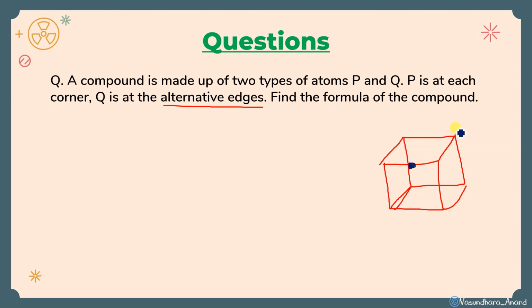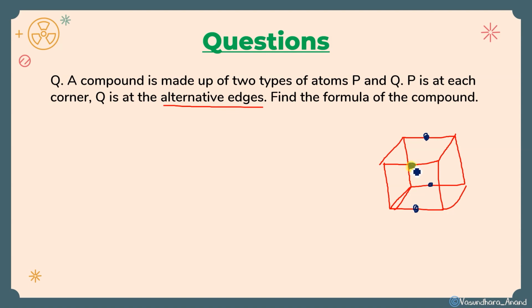If I check this top face, leaving this one, the other should be the alternate, isn't it? If I go in this way, then also it is like this. Now the next one is here. This is the alternate, leaving this, here it should be. Now look, everywhere it is alternate.